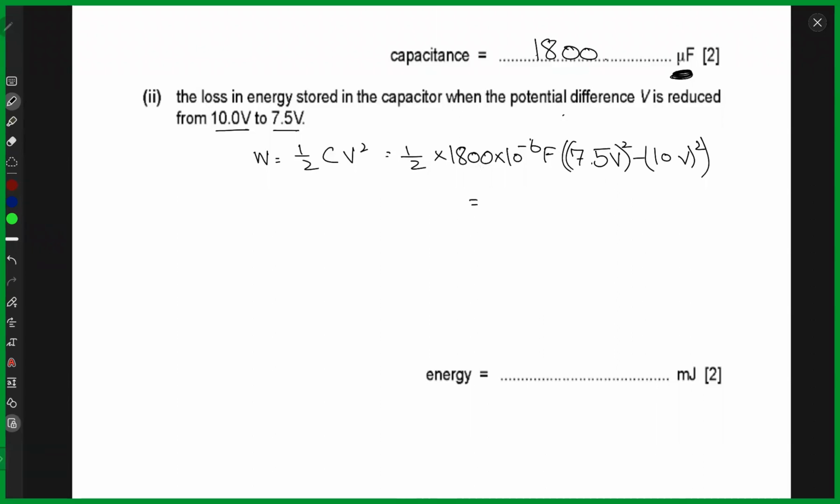And if you do the math, this gives you about 39 into 10 raised to power minus 3 joules, right? And so that's the energy that is lost in reducing the potential difference. You have to make sure that the units are matching. This unit has a prefix milli with it, and 10 raised to power minus 3 is just milli. So this would be 39 millijoules.